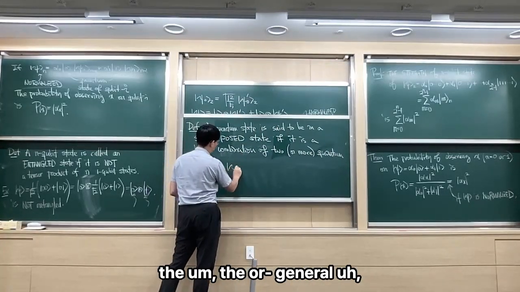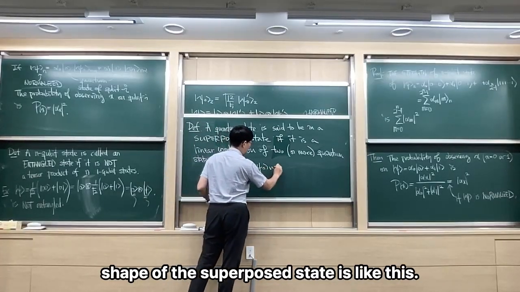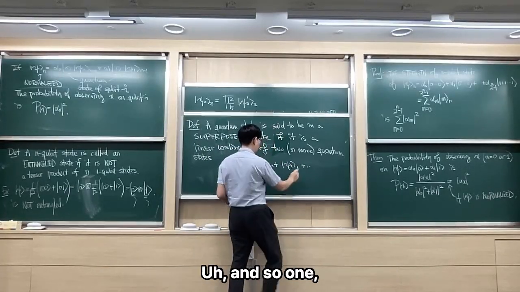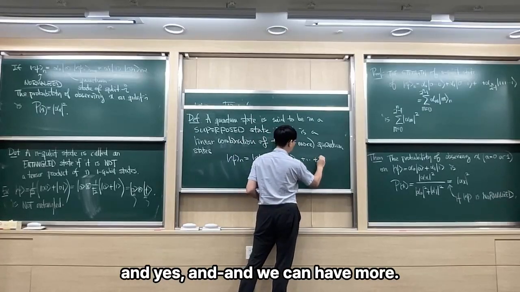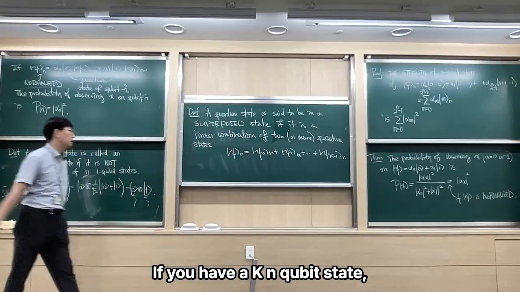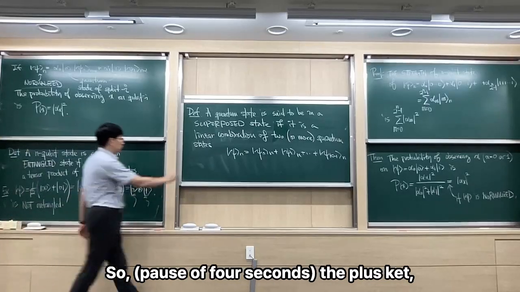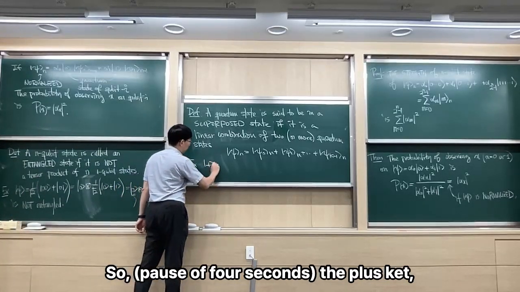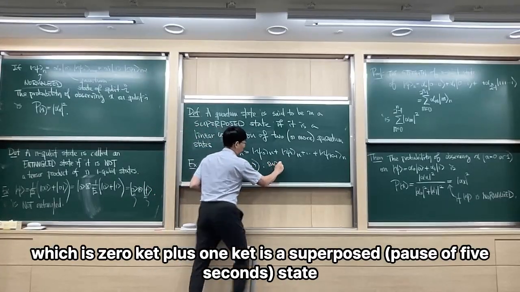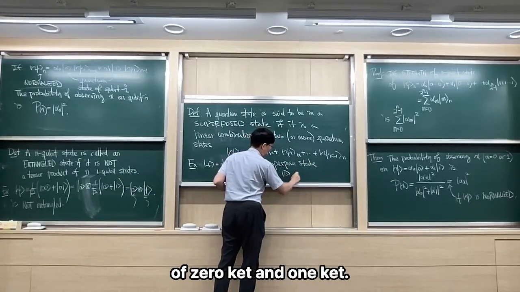So, for example, the general shape of the superposed state is like this, and you can have more. If you have k n-qubit states, then you can add them together to say our quantum state is superposed. So this plus ket, which is 0 ket plus 1 ket, is a superposed state of 0 ket and 1 ket.